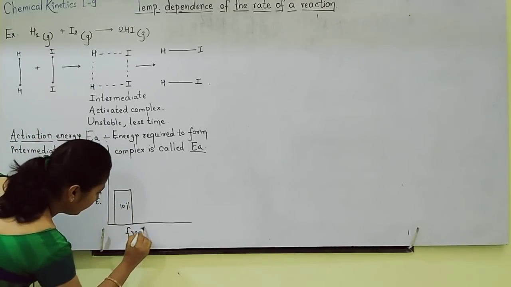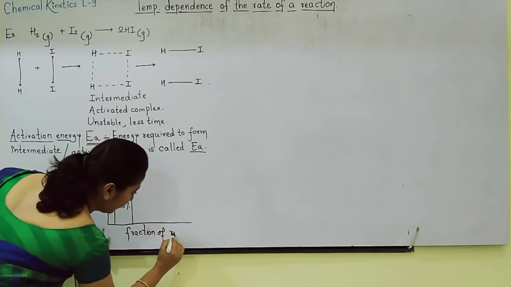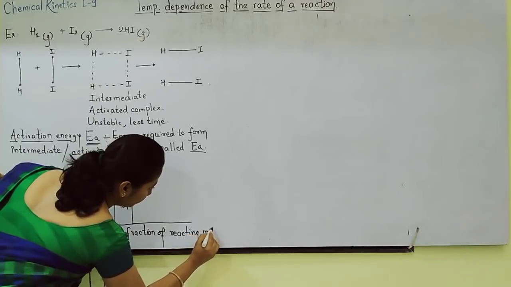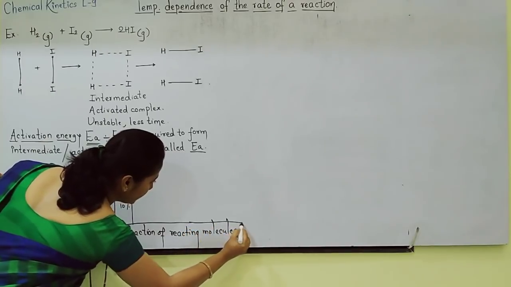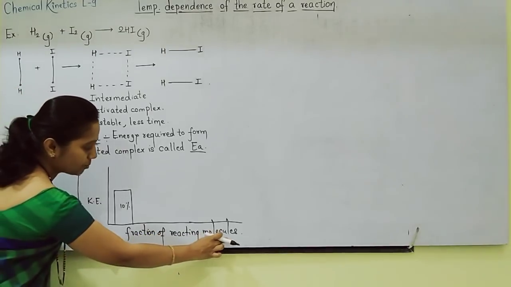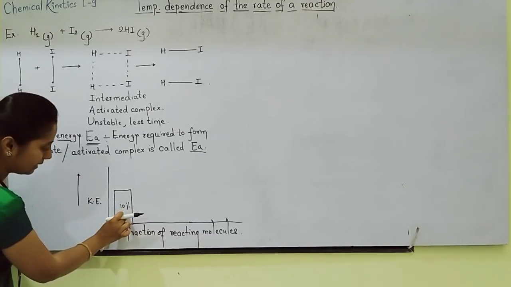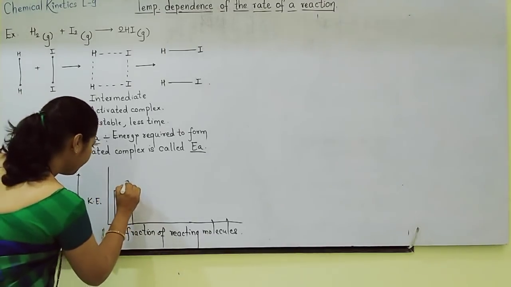Here I am putting fraction of reacting molecules. To make you understand the topic, I am drawing this for an example. Fraction of reacting molecules, kinetic energy. 10% reactants are there, they are having this much of kinetic energy.